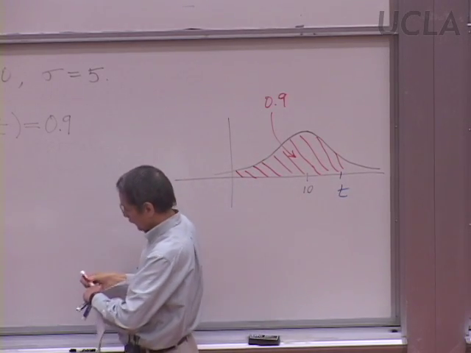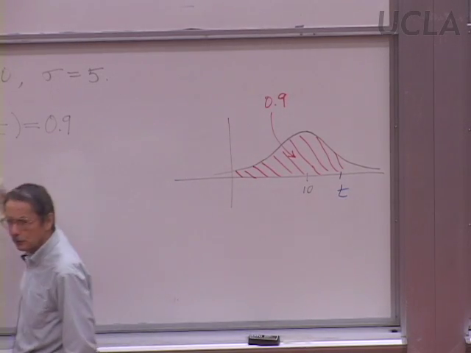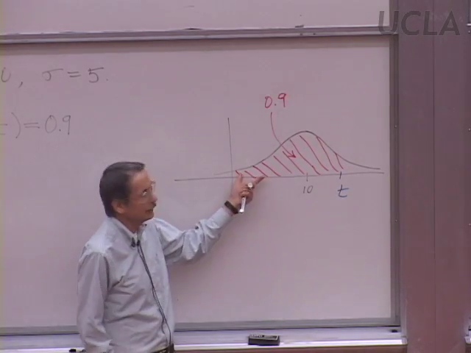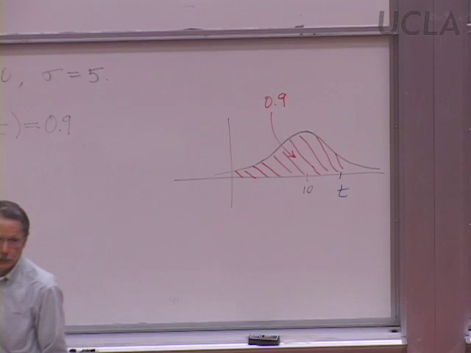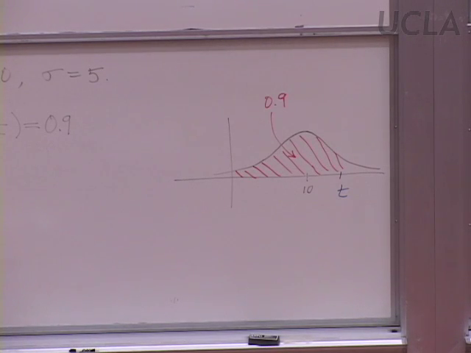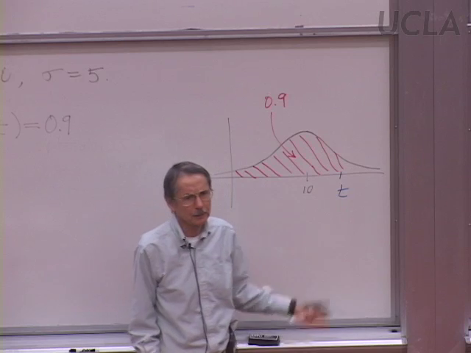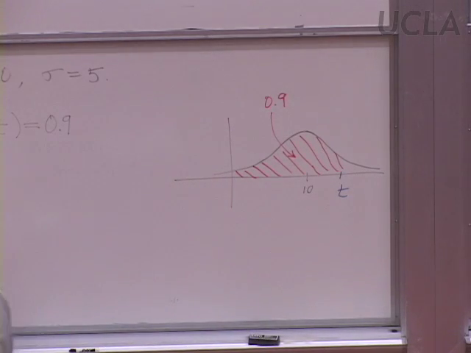The area shaded in red is what's 0.9, and when we work out t, it had better be something bigger than 10. Well, that's step 0. Just look at the picture.